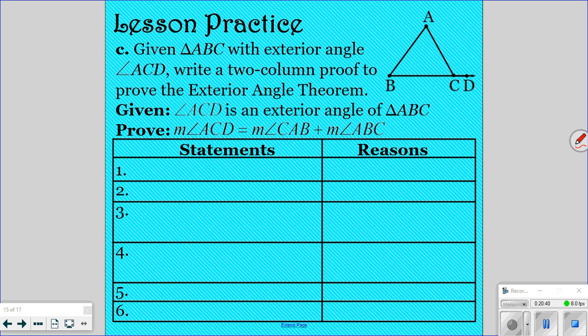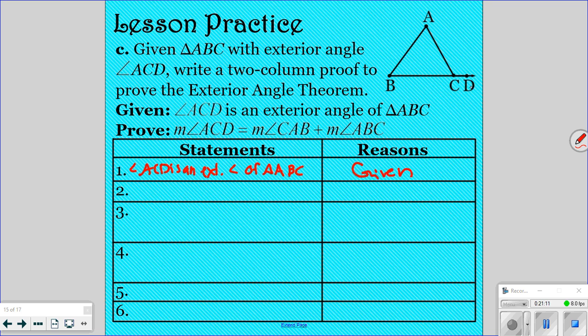And so they gave us that angle ACD is an exterior angle of triangle ABC. And so the reasoning on that would be the given.